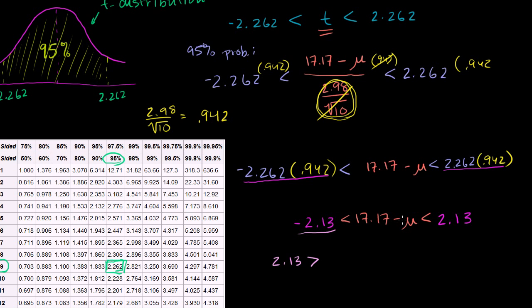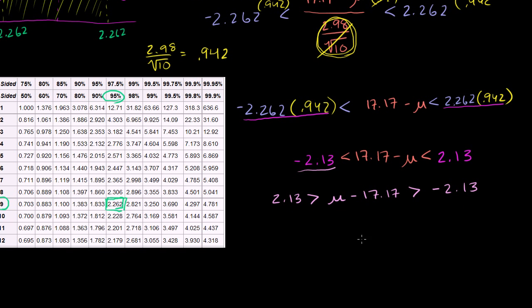This negative mu will become a positive mu. This positive 17.17 will become a negative 17.17. We have to swap this inequality sign as well, and this positive 2.13 will become a negative 2.13. We're almost there. We just want to solve for mu, so we add 17.17 to all three sides of this inequality.